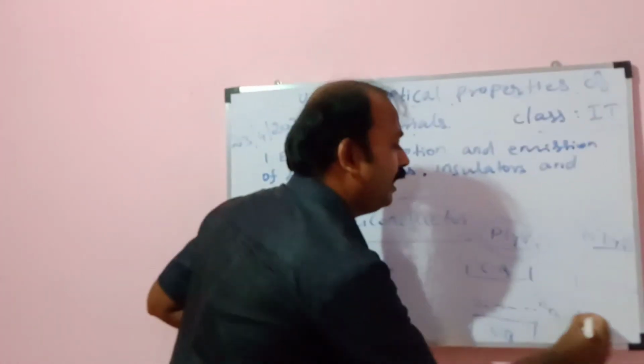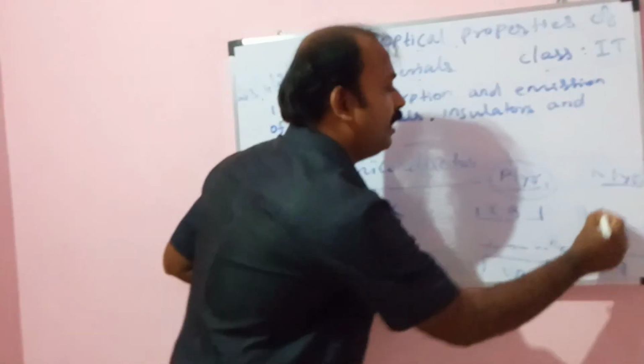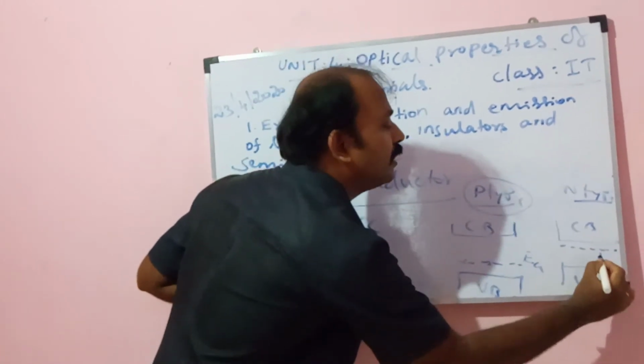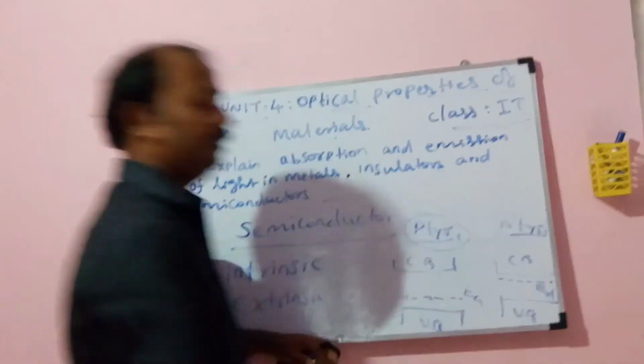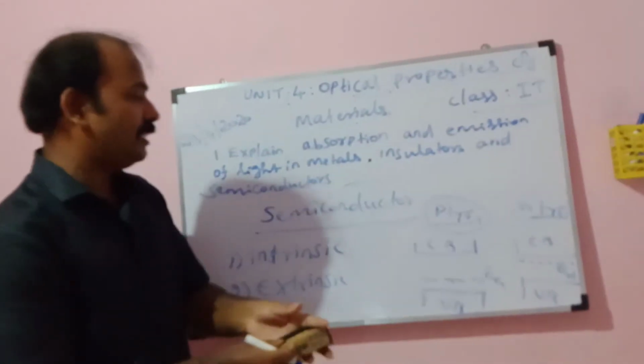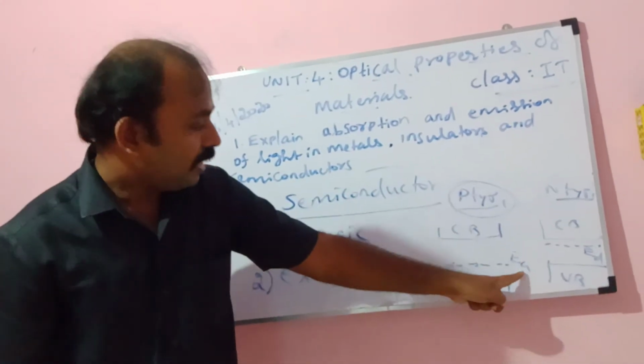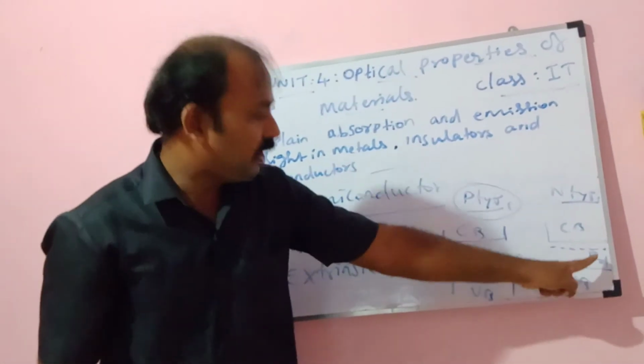Similarly, in an n type semiconductor, this is the valence band, the conduction band, and one level is there, the donor level.